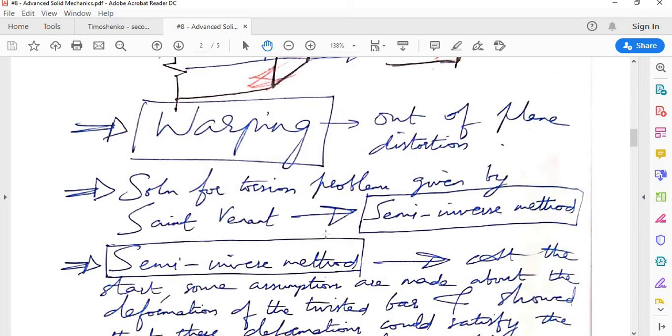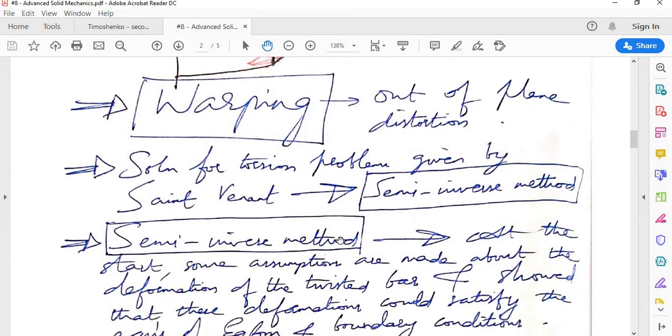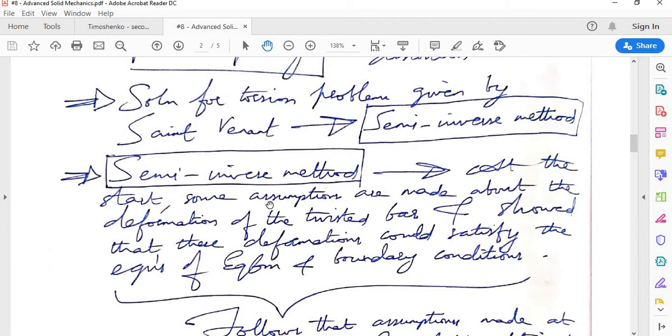We start out with a meaningful assumption, and as we work out the stresses and boundary conditions, it happens that the actual stresses satisfy the equations of equilibrium, boundary conditions and so on. Which means that whatever initial assumption we made about the solution is correct. That is the general principle of the semi-inverse method.